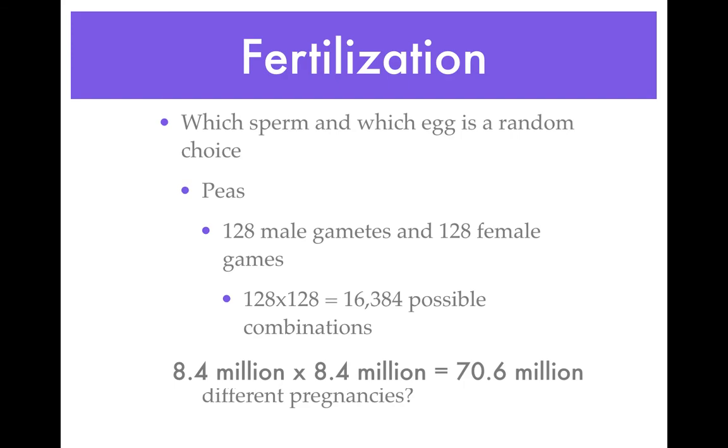Again, if you ignore crossing over. Crossing over says that's not going to happen because now you don't really have 8.4 million. You have billions and billions. You'd have to know how many genes there are. And if you take 2 and raise it to the number of genes that are out there, you're going to get a huge number.